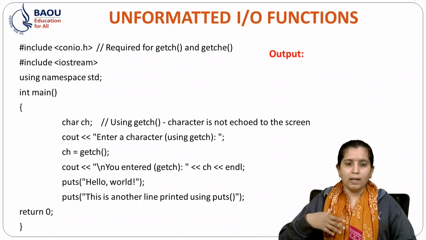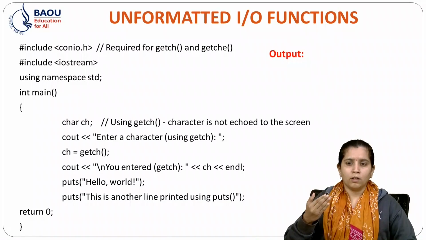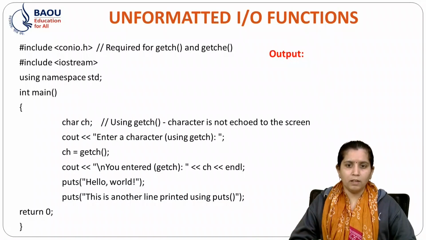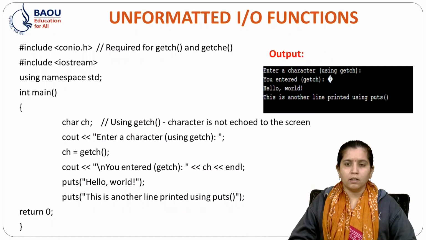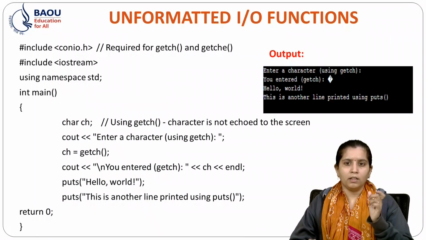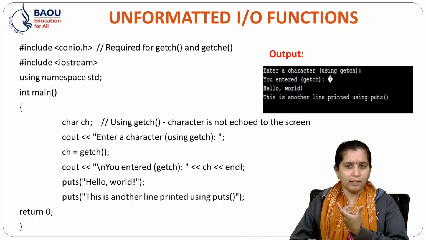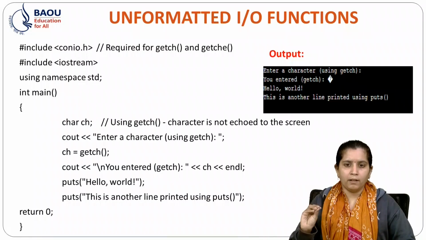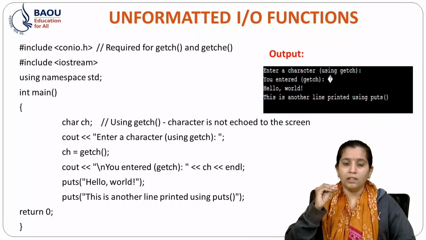So whenever I try to run this program in our compiler, what I will get is like this. In enter a character using getch, we have a blank because the character you enter with getch is not echoed in the first, and in the second the characters are echoed, that is, you enter getch.